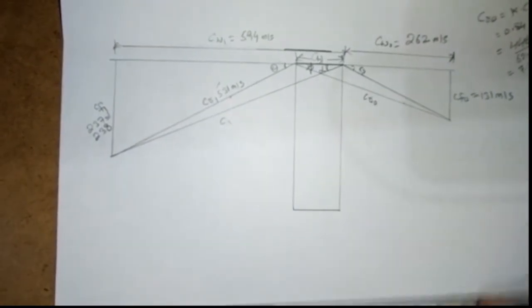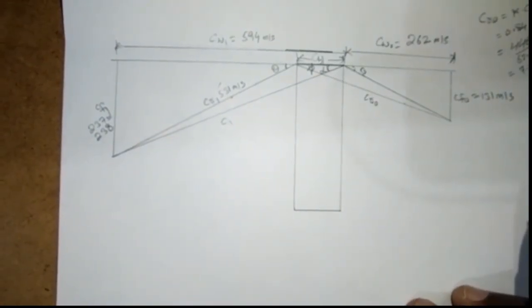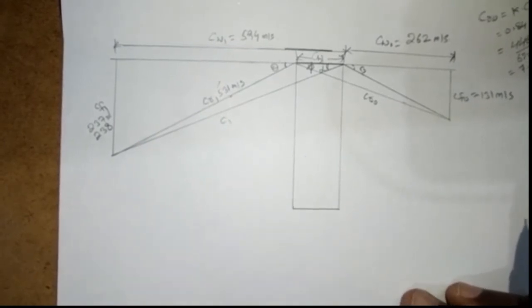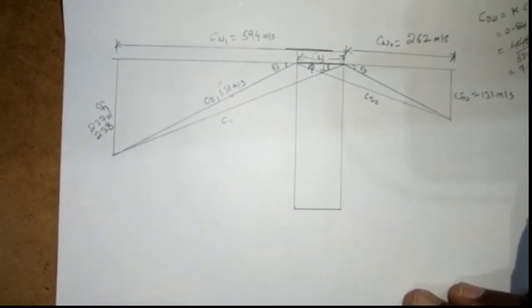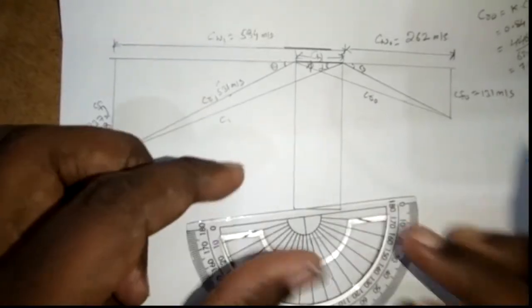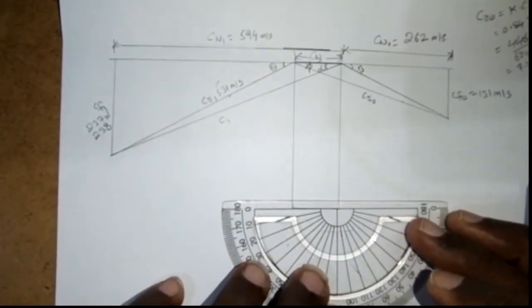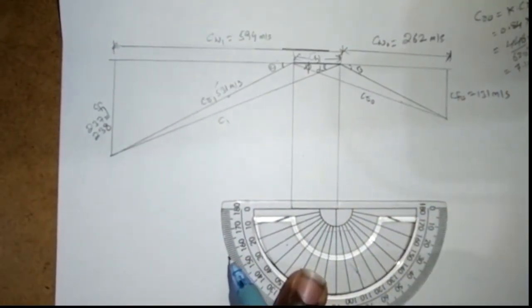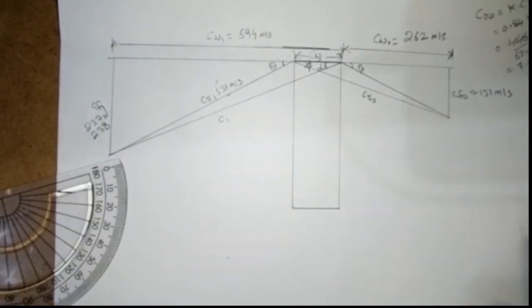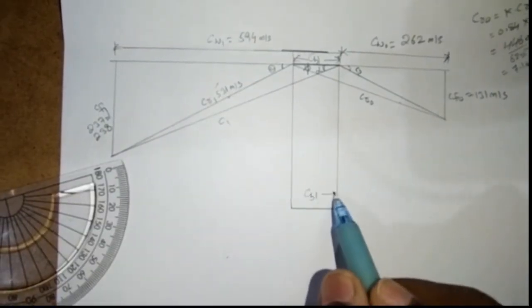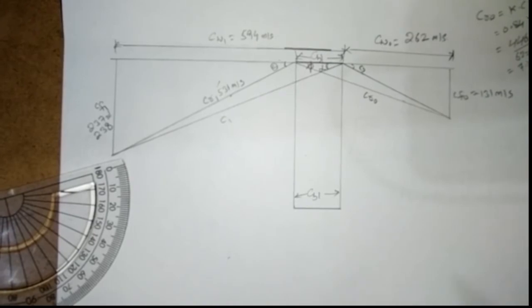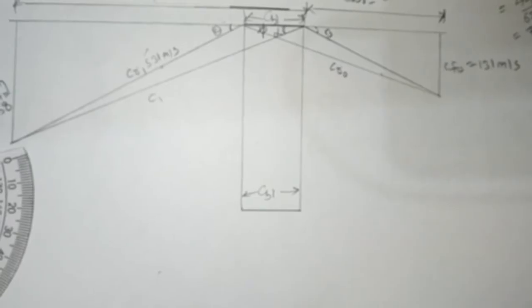Okay. For construction of the outlet of the second set of blade, alpha dash is given as 22 degrees. From here, 22 degrees. What is the magnitude here?